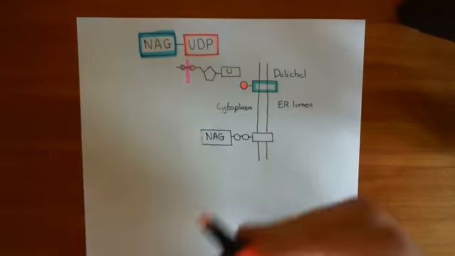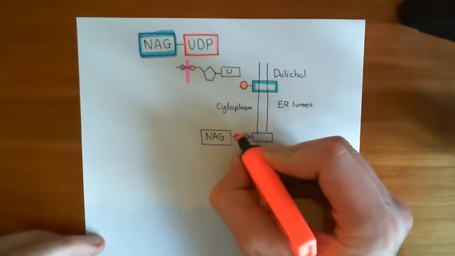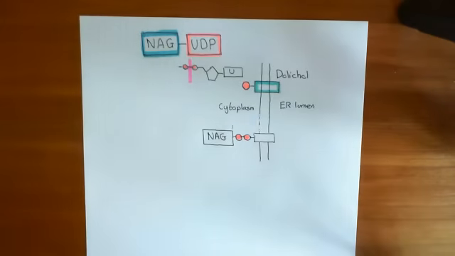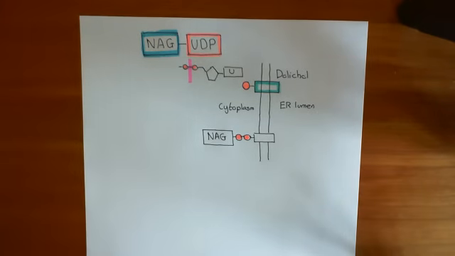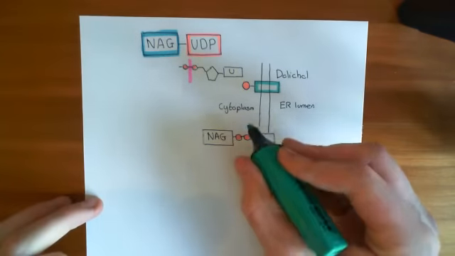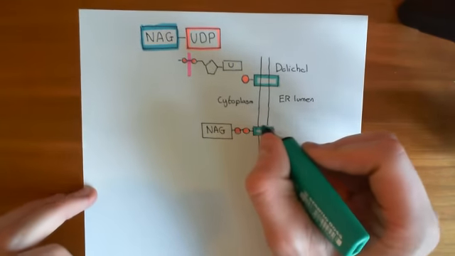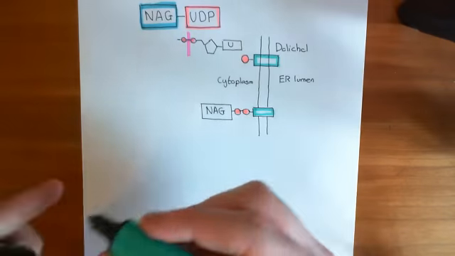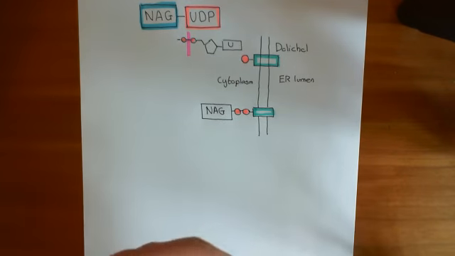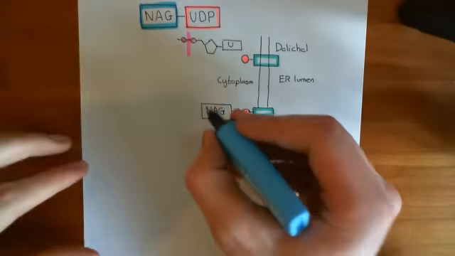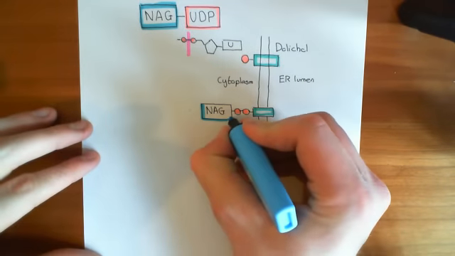So we've managed now to stick on our first sugar onto dolichol. And then what we're going to continue is we're going to add more sugars onto the N-acetylglucosamine, and we're going to form glycosidic bonds in the way that you would usually between monosaccharides. Okay.